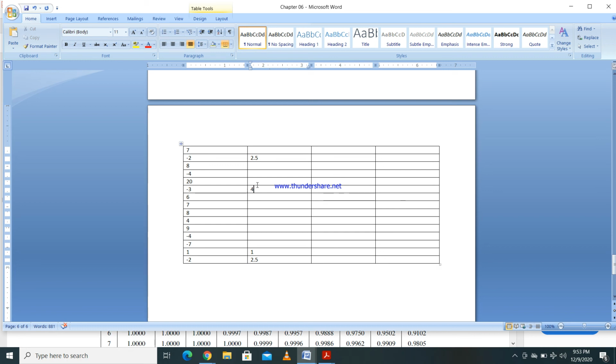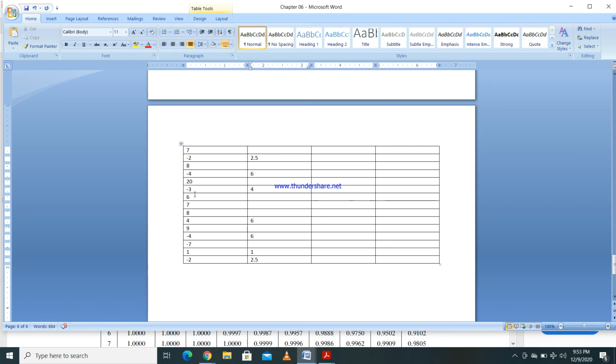And then the next value is 4. Here you have three 4's, so you can give 5, 6, 7 as the ranks. 5 plus 6 plus 7 divided by 3 gives the rank for 4, that is 6. So each 4 gets 6. Now we have used up to 7.